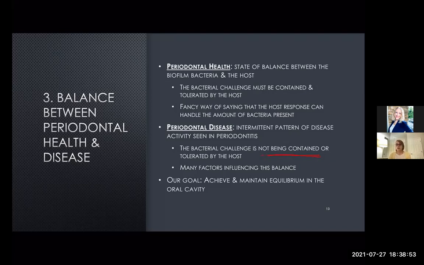It can be the amount of plaque biofilm, it can be an immune condition, lots of different things. But at the end of the day, the important thing to take away is that we want to achieve and maintain equilibrium in the oral cavity. And how do we do that? By giving regular preventative dental care. We want to focus on prophies or perio maintenance appointments and get patients the appropriate treatment right away.